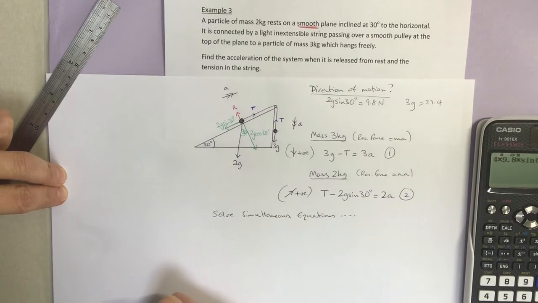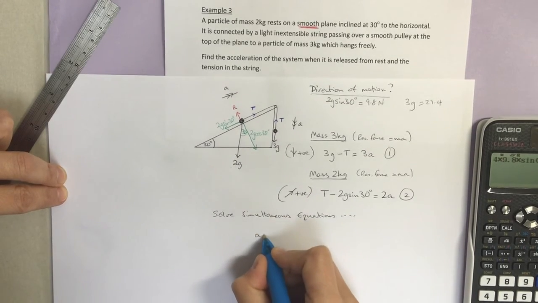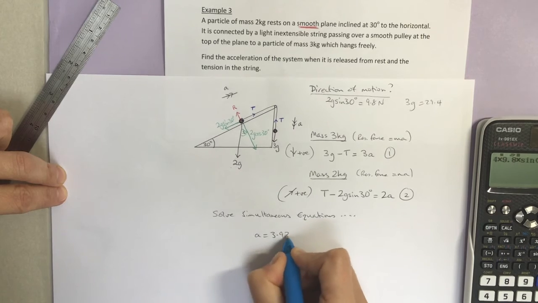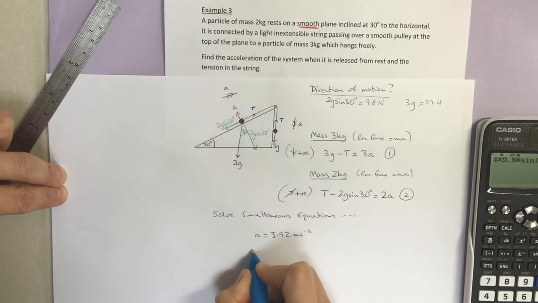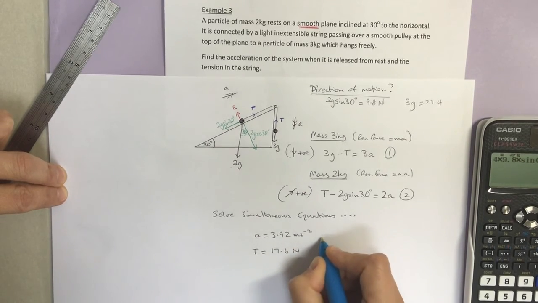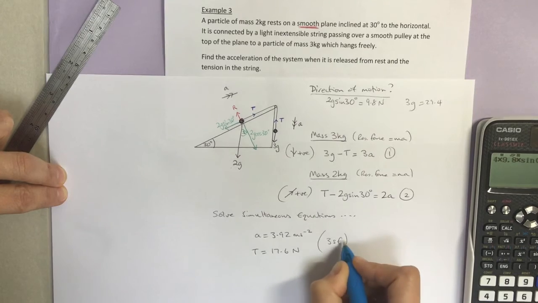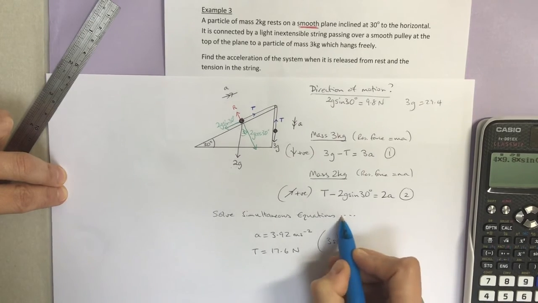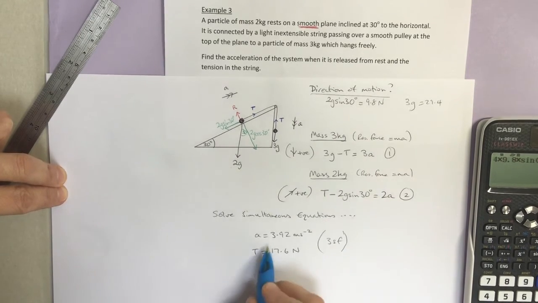You should end up with then, to 3 significant figures, A is equal to 3.92 meters per second squared, and the tension T is 17.6 newtons, and they're both to 3SF. Please don't just write those down though, please do this, have a look at doing the algebra and check that you get those 2 answers when you round them to 3SF.